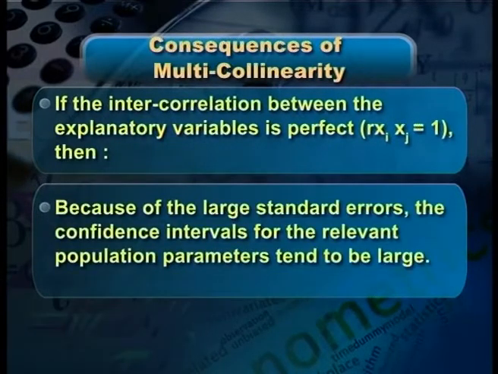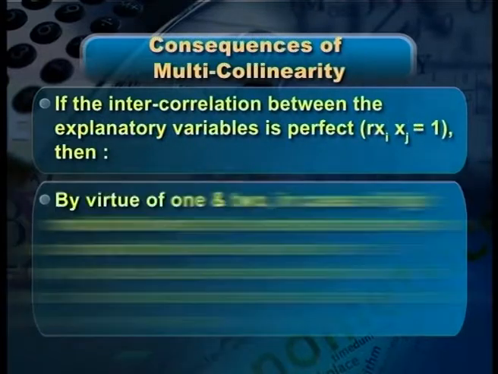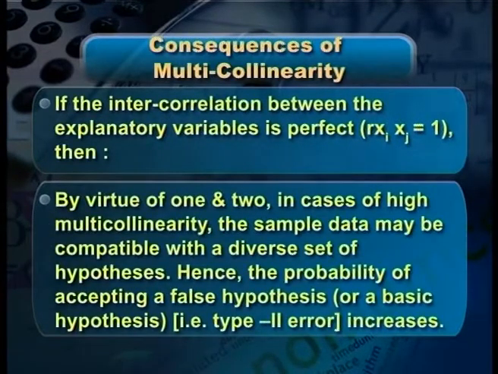Because of the large standard errors, the confidence intervals for the relevant population parameters tend to be large. By virtue of 1 and 2, in the case of high multicollinearity, the sample data may be compatible with a diverse set of hypotheses. Hence, the probability of accepting a false hypothesis increases, especially type 2 error.